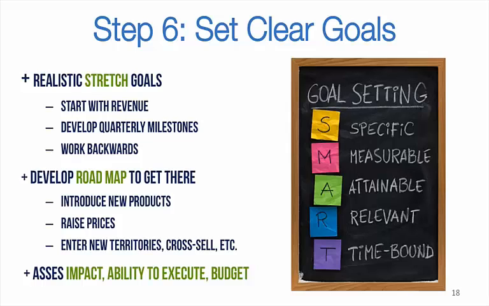So that gives you some specific milestones to work towards to say, okay, now we know specific objectives. We know this quarter we need to add $100,000 in run rate to our business.